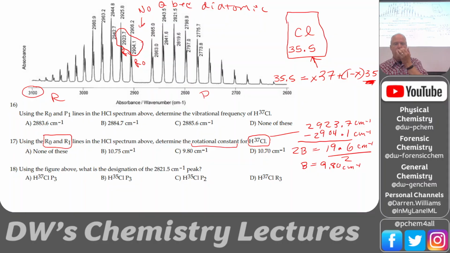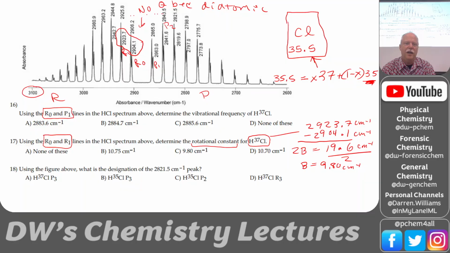Okay. What about the vibrational frequency? How did y'all find that one? This tells you which ones to use, and the reason I do that is because there are many different ways you could calculate it. You could take R0 and P1 for 37, or you could do it for 35, or you could do R1 and P2.